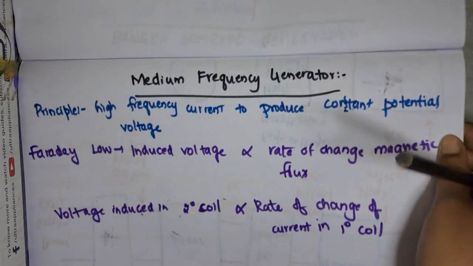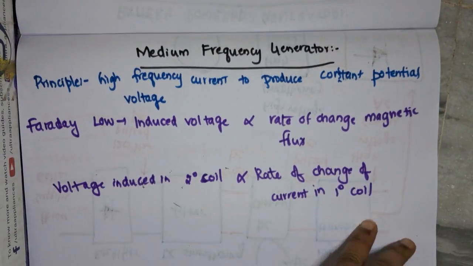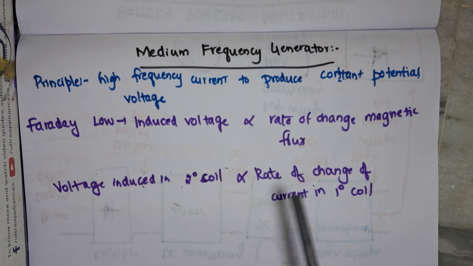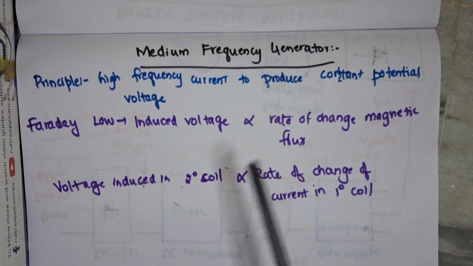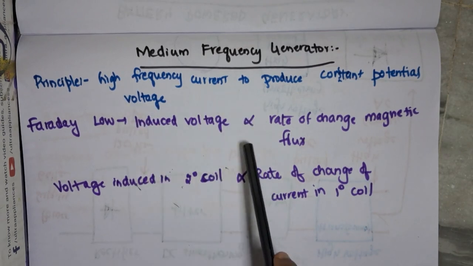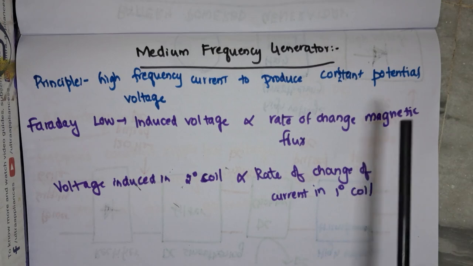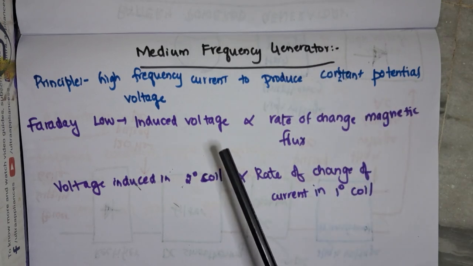The next and last type of generator is called medium frequency generators. This medium frequency generator is a new type of generator which uses the principle of high frequency current to produce almost constant potential voltage.